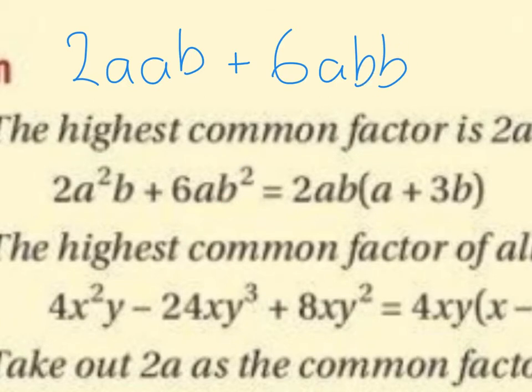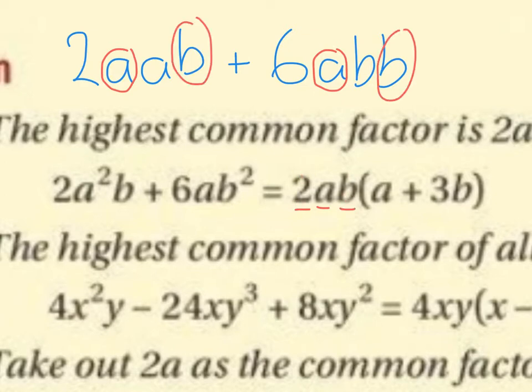So first of all, is there a number that divides into both? 2 will divide into 2 and 2 will divide into 6, so that's where the 2 comes from. And then we see, is there any letters common to both? We have an A and an A, so that's where that A comes from. And we have a B and a B, so that's where that B comes from.